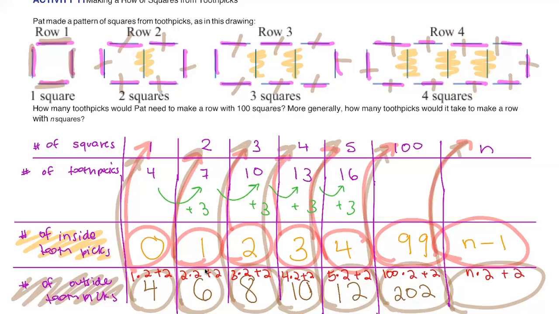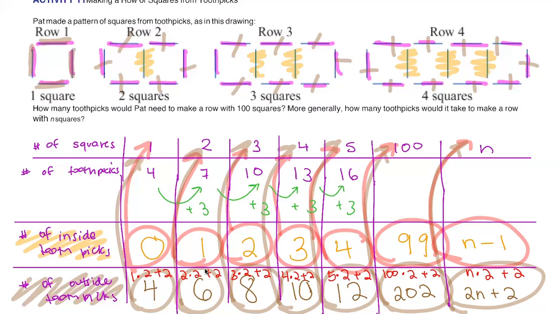And the 2's and the times 2's are always the same, so nothing like that's going to be different. So my formula for the number of outside toothpicks for n is 2n plus 2, or 2 times n plus 2. So the number of outside toothpicks, that number is just 2n plus 2.